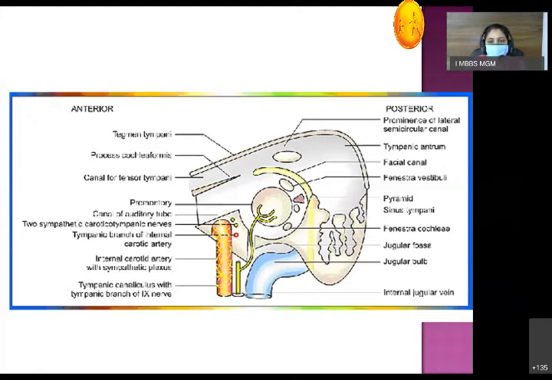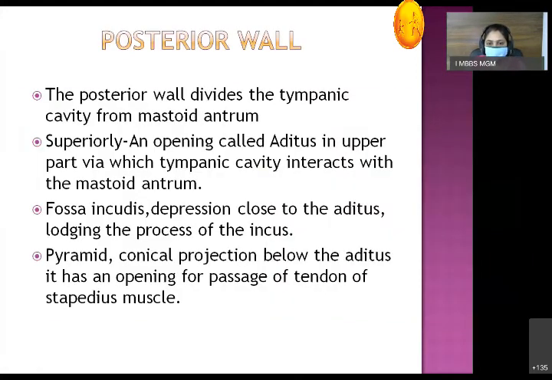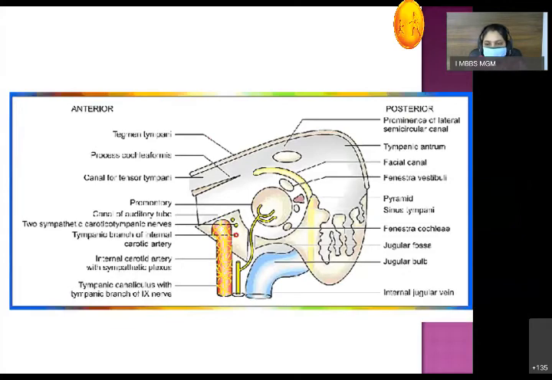Now we see the posterior wall. Posterior wall we can see in this figure. Posteriorly, the cavity is separated from the mastoid antrum. If you see this section, posteriorly we see the mastoid process.